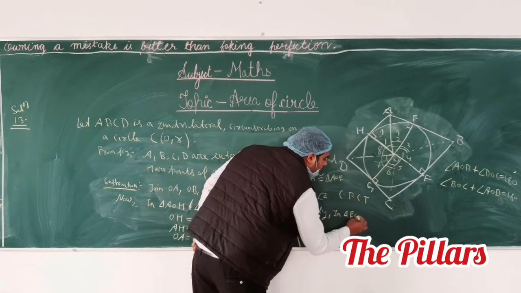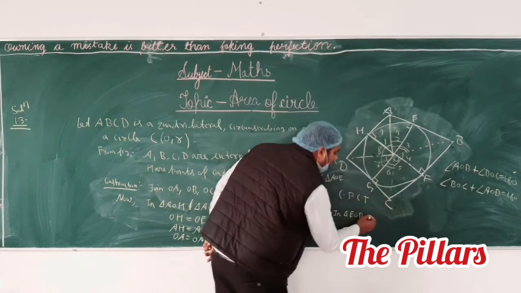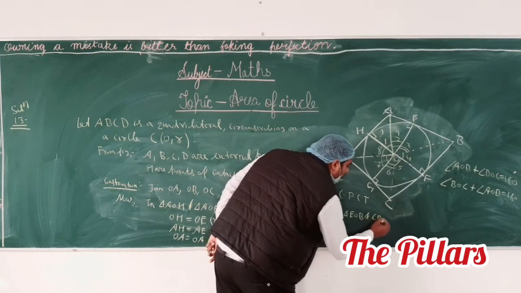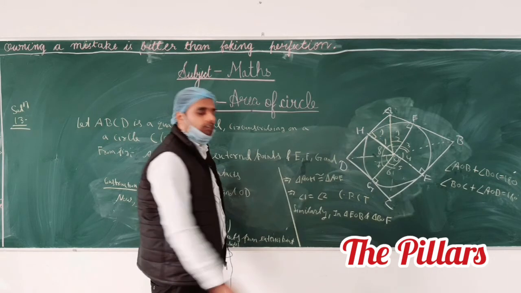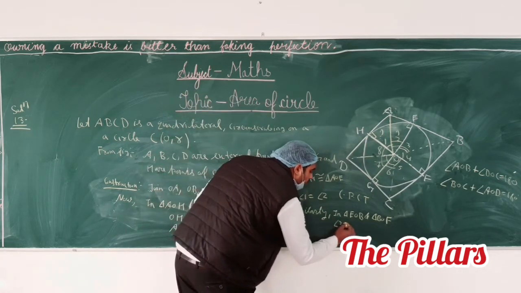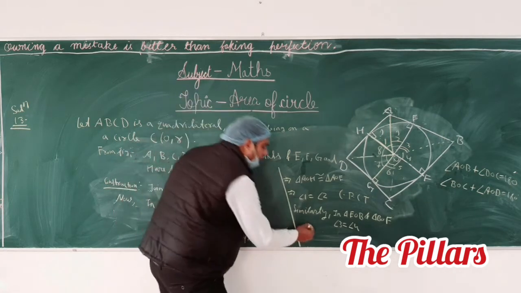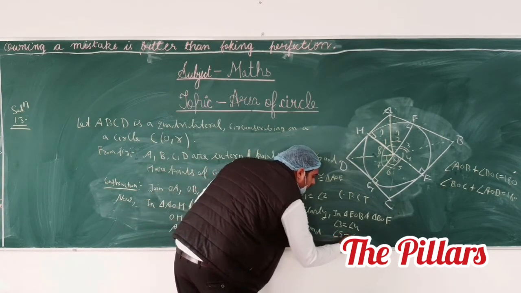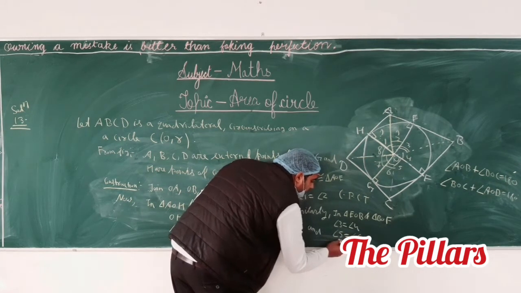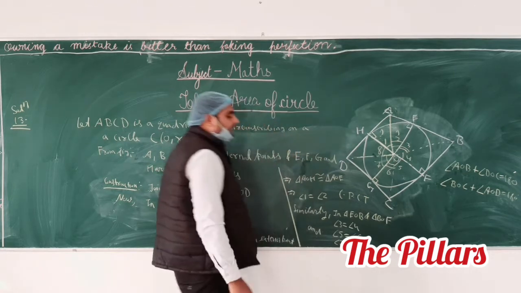Similarly, in triangle EOB and triangle BOF, angle 3 equals angle 4, and angle 5 equals angle 6, angle 7 equals angle 8. Till here, anyone have any problem?